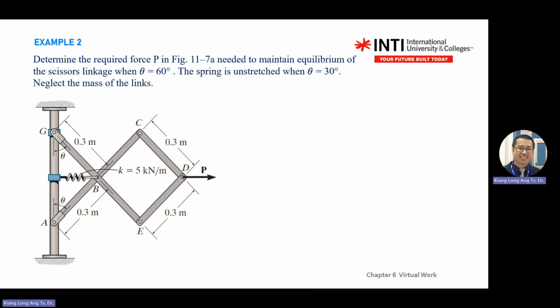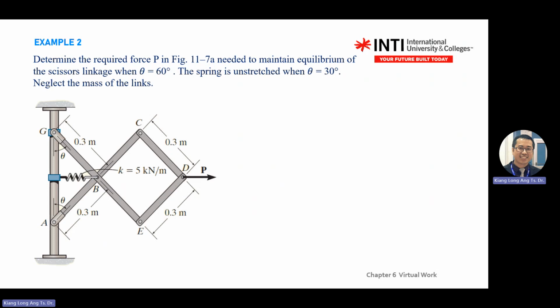Then A was locked. So when it stretches, what happened to G? Does the pin here move up or move down? If you pull this way, it moves down. You should be able to imagine this collar here will move down because you pull this one, and it will stretch, so this one stretches and moves down.